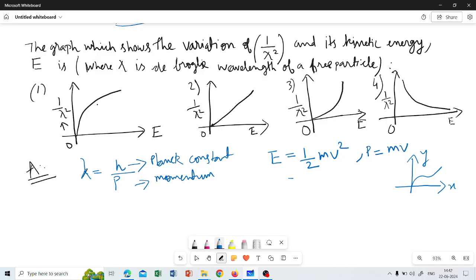I can put the expression of v. Here, for velocity, I can write this as half mv, this is momentum, into v.